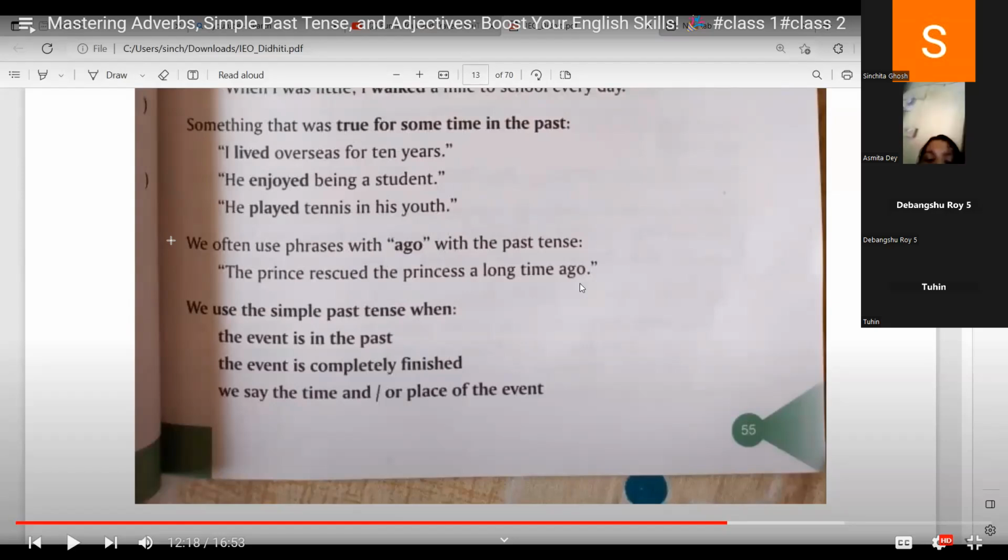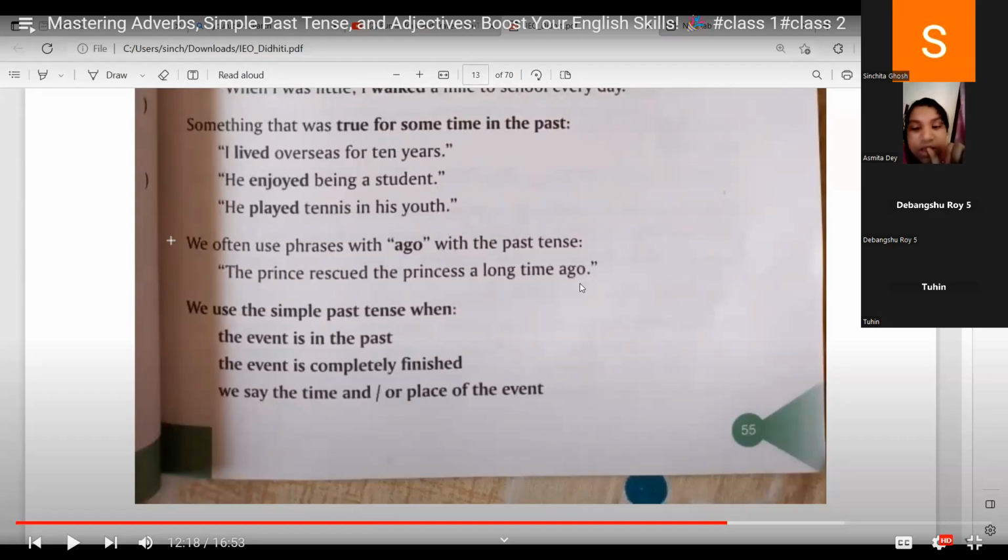So that is called the simple past tense. Is it clear, Ashmita? Yes, ma'am. Very good. Tuhin, is it clear, beta? Why do we use ago? Yes, ma'am. Very good.